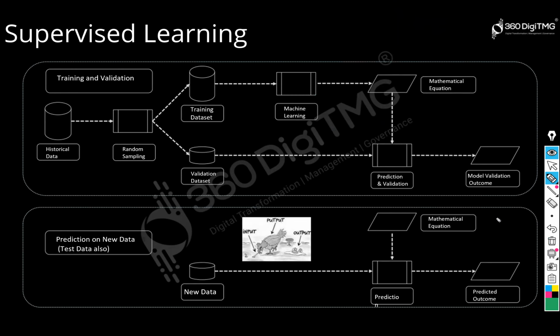Because what I will do here is split the data into training and test sets. Let us say 80% of the data into training and 20% of the data into testing.